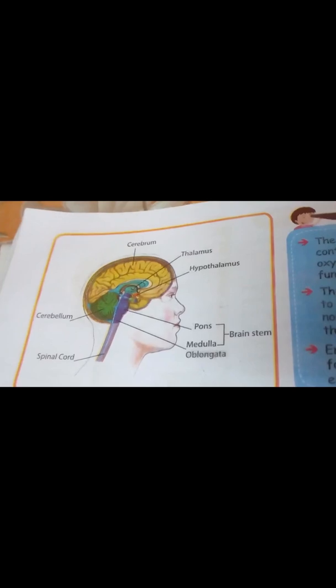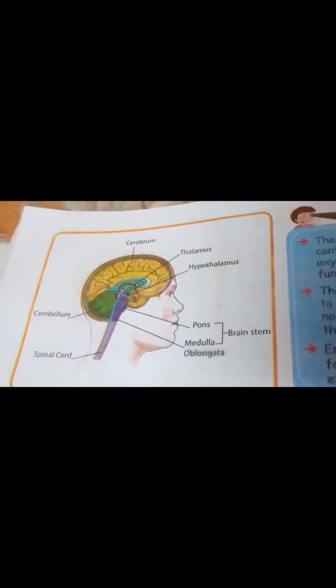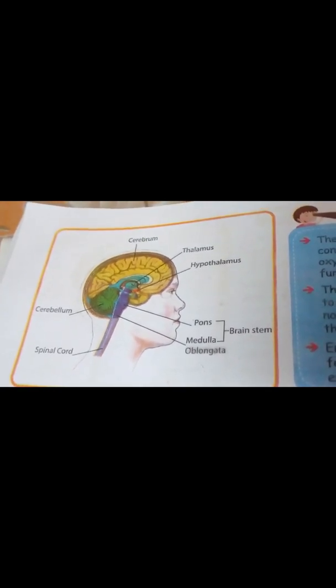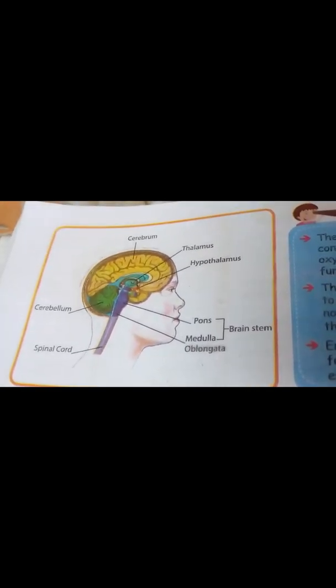Next one is autonomous nervous system. Somatic nervous system carries sensations from the organs to the brain and takes messages from the brain to the organs for movements. Autonomous nervous system controls the nerves of the inner organs of the body.